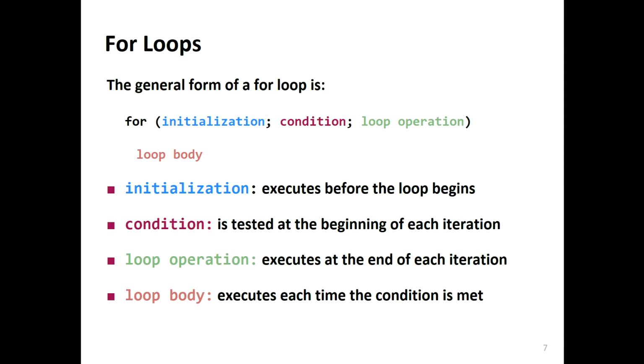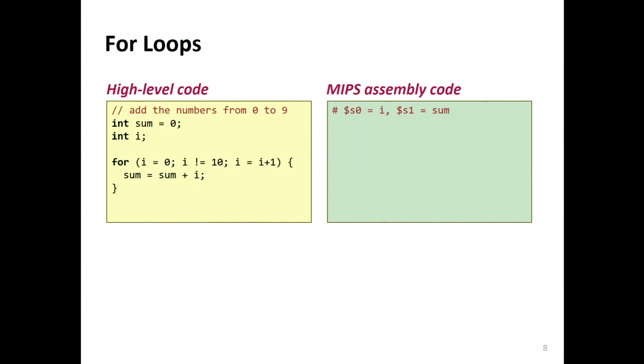Now, how does the compiler transform a for loop into assembly language? This is what we're going to see later on, and this is how you can also implement for loops in assembly. The high-level code we have here sums numbers from 0 to 10 exclusively. You start by initializing a sum to 0.